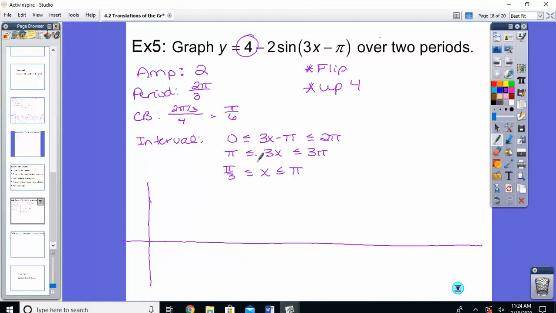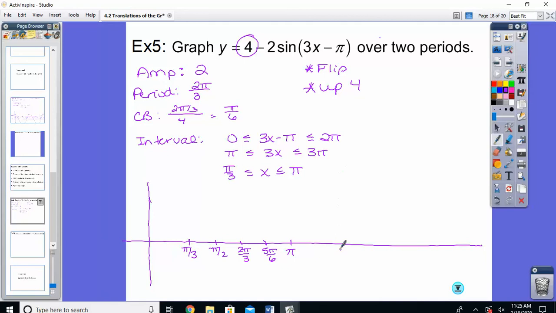My first point is at pi over 3. It's like 60 degrees. And I'm adding pi over 6 each time. So pi over 3 plus pi over 6 would be 3 pi over 6 or pi over 2. Plus pi over 6 would be 4 pi over 6 or 2 pi over 3. 5 pi over 6 and 6 pi over 6 is pi, which is where we said the first one should end.